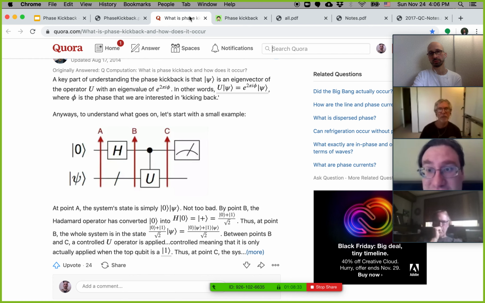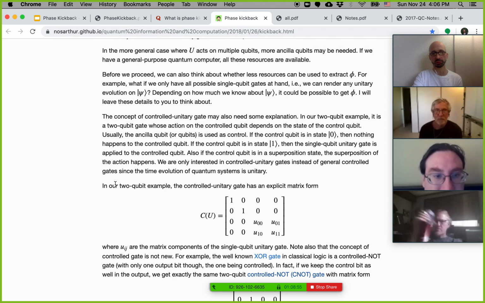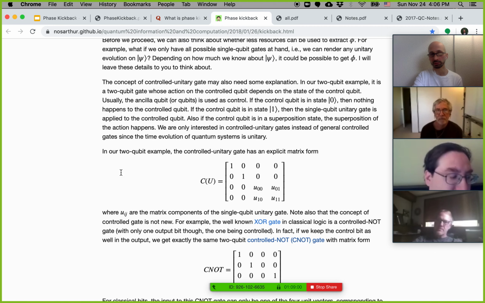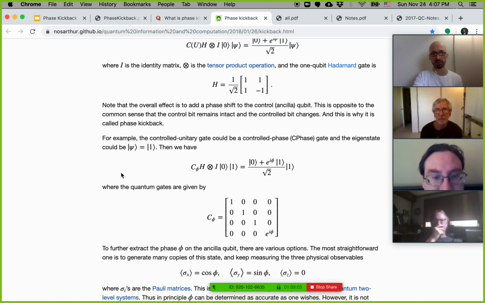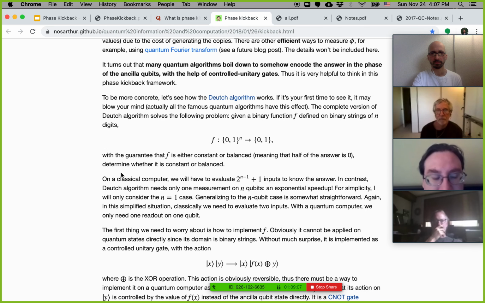It's a good article to read after the first one, and it has some more detail.